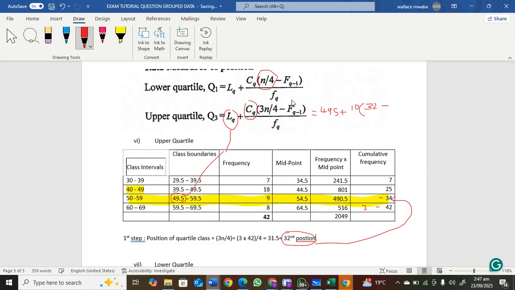Minus the cumulative frequency before the upper quartile class, which is 25. Frequency of the upper quartile class, 9.